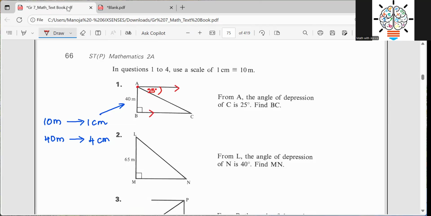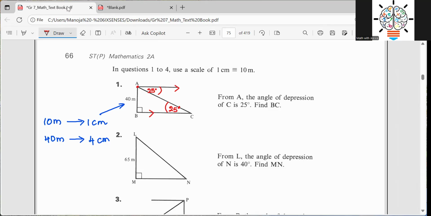So then we can have the alternate angle, and this is also 25. Hope it is clear, right? They have given the angle of depression of C from A. It is 25. And I can see here that these are alternate angles, therefore ACB will be 25 degrees.